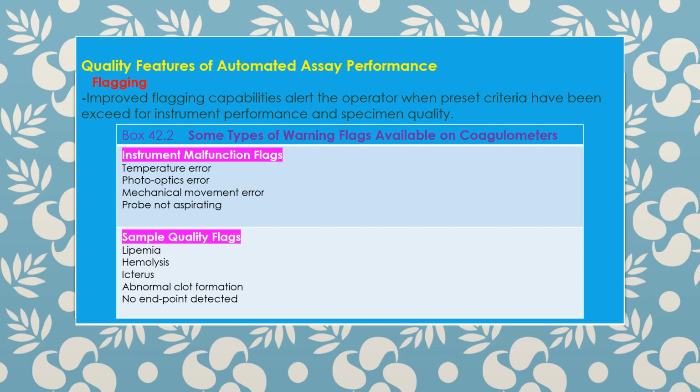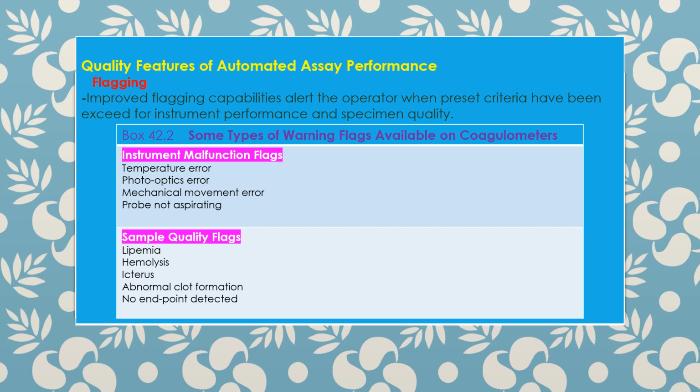So here are some of the quality features of automated assay performance. Flagging. Improved flagging capabilities alert the operator when preset criteria have been exceeded for instrument performance and specimen quality. This table shows some types of warning flags available on coagulometers.